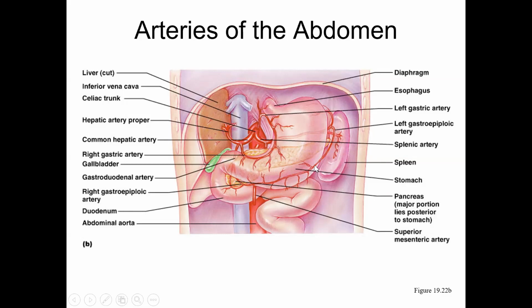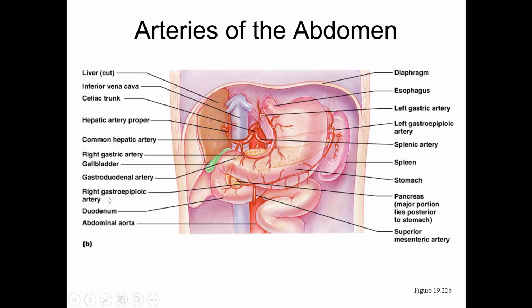This branch of artery is branched out from the splenic artery. It on the left side is called the left gastroepiploic artery. So if you have the left one, then there is a right one, right?